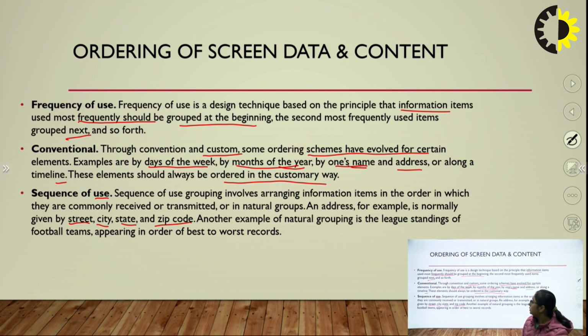So this is the sequence of use grouping, which involves arranging information items in the order in which they are commonly received. The term commonly received is very important here, or transmitted, or in natural groups. An address, for example, is normally given by the street name, city name, state name and the zip code.